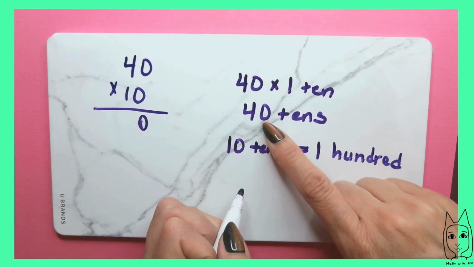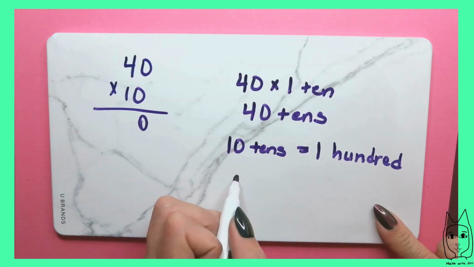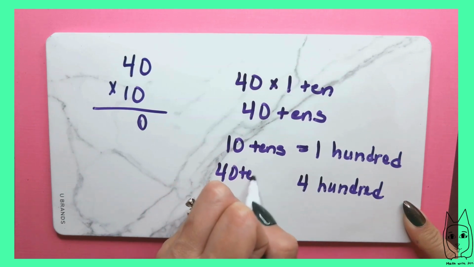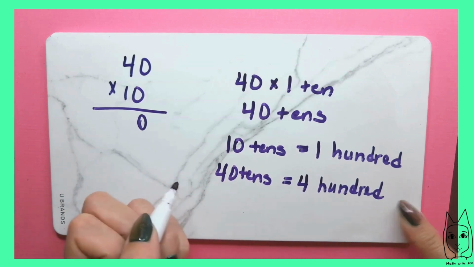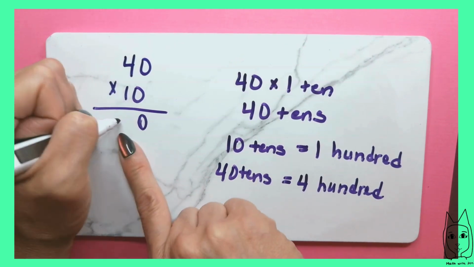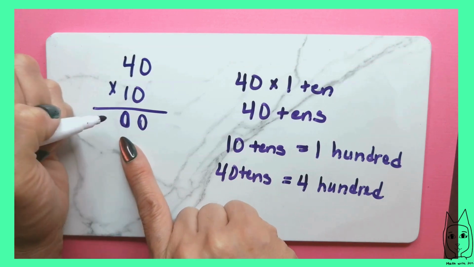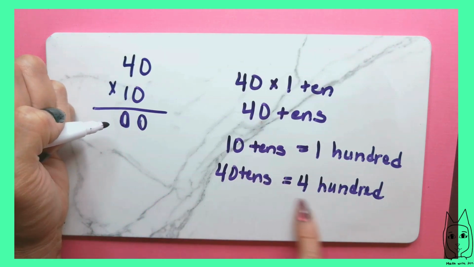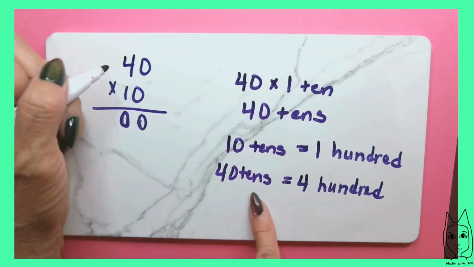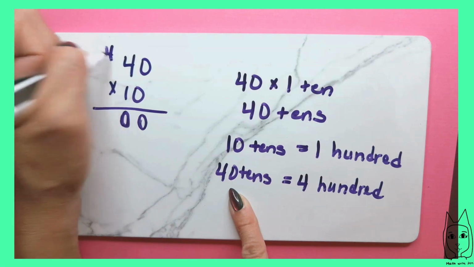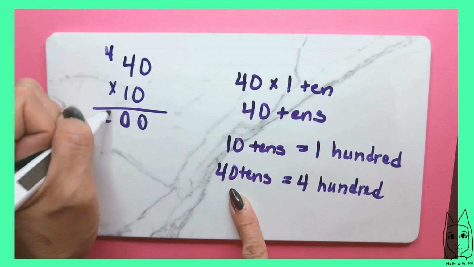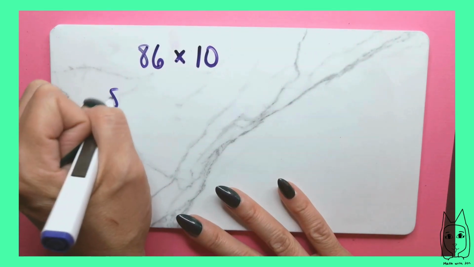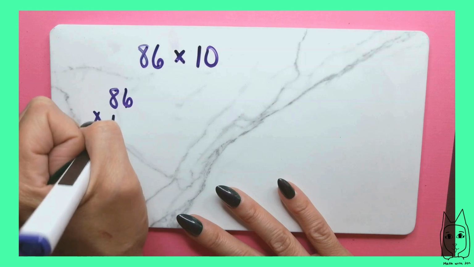If I have 40 tens, that means that I have 400. I'm going to put in the 0 here because I don't have any tens left over. All the tens that I got were being used to make hundreds. That 4 is being carried over to the hundreds place. So I get 400.